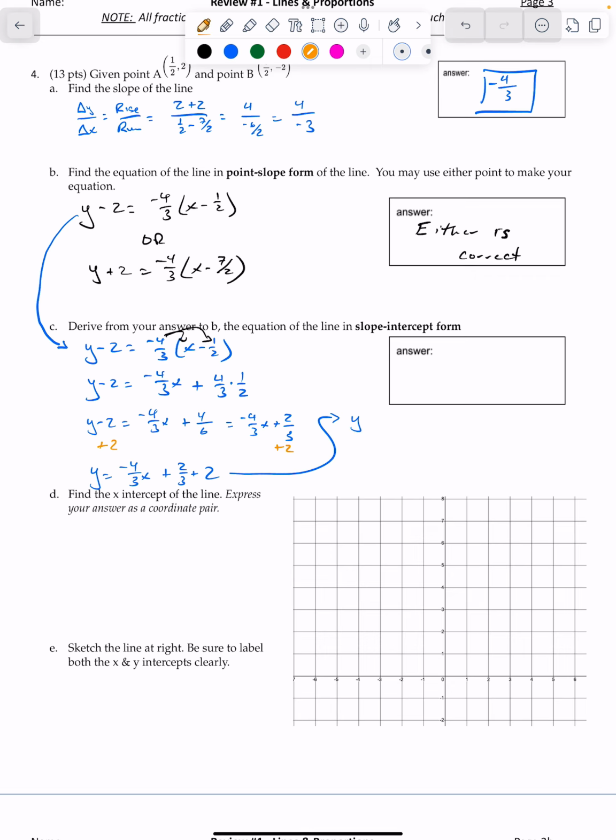We'll make this have thirds, so times 3/3. Y equals negative 4/3 x plus 2/3 plus 6/3. So y is negative 4/3 x plus 8/3.